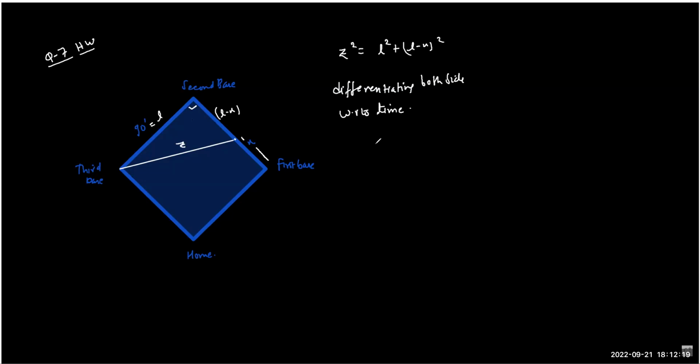Use the chain rule: 2z dz by dt. Excellent. On the RHS, the first term will be 0, because it is constant. So what is the differentiation of the second term?